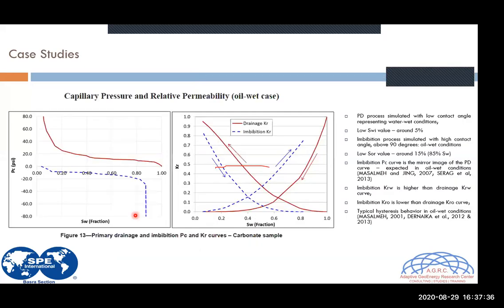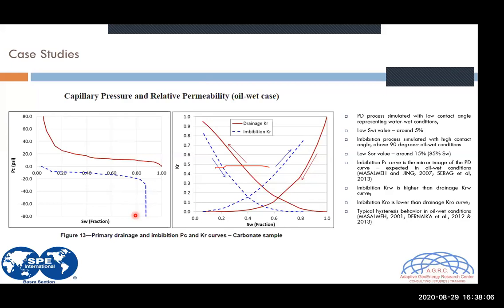And just to show you that it's possible to perform this, the generation of the capillary pressure and relative permeability curves based on the numerical analysis. Of course, you can compare with the lab experiments, but you can perform several sensitivity analyses, changing wettability, capturing, in this case, for example, the irreducible water saturation and the residual oil saturation as well.